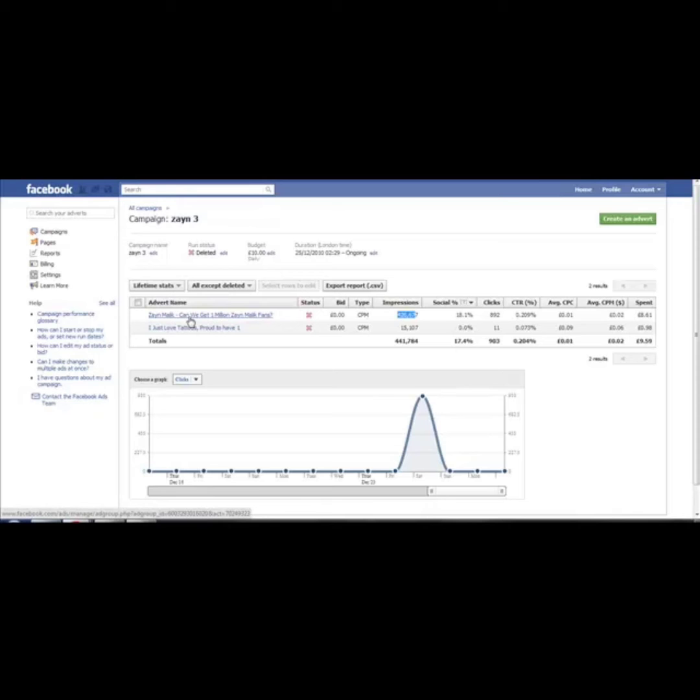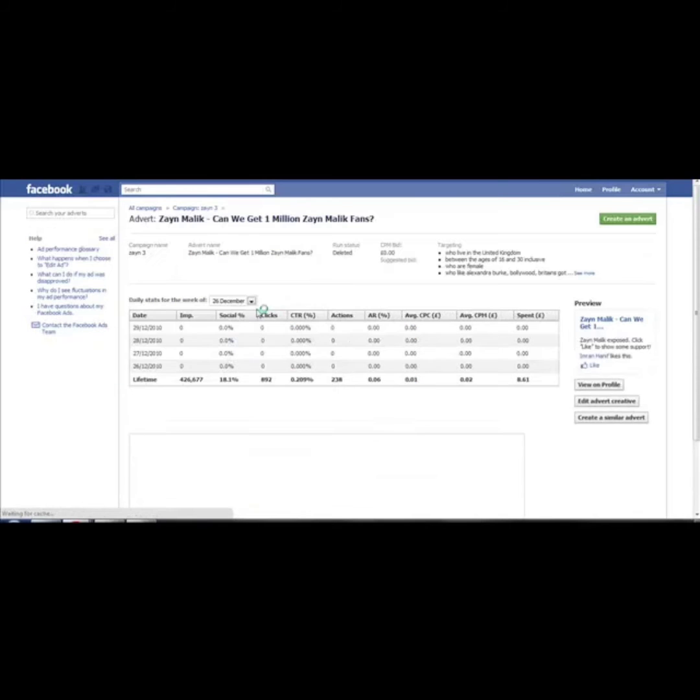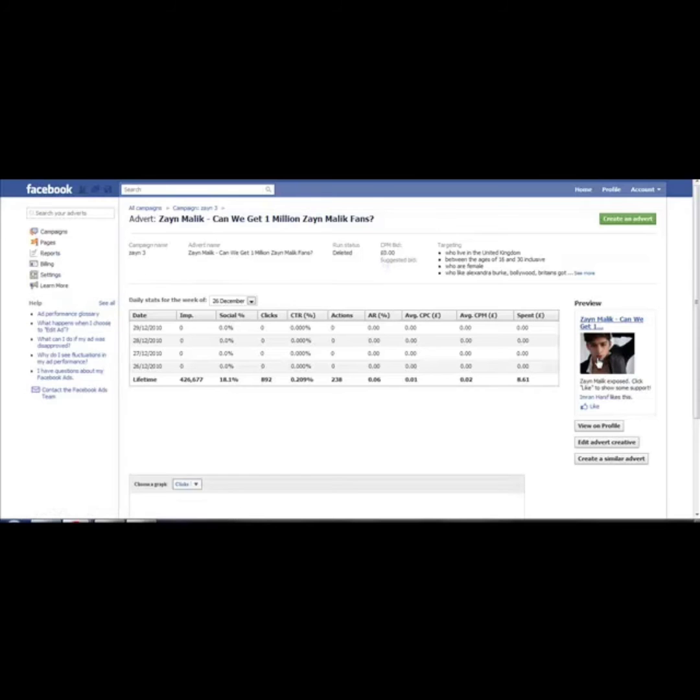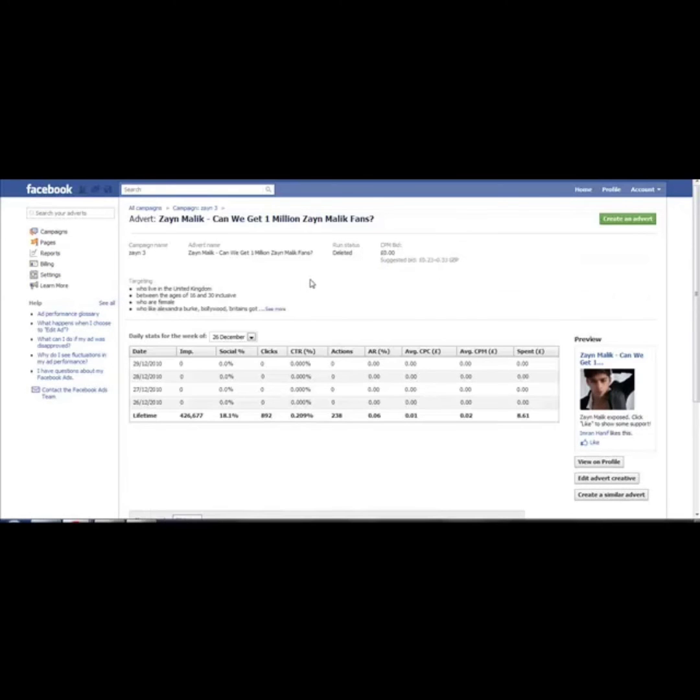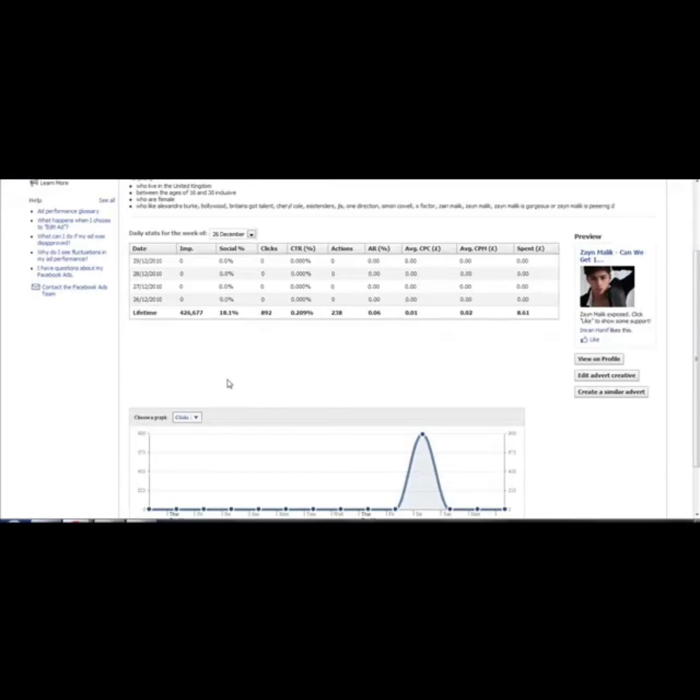Okay, let me click on the ad a bit more, and this time I went with a different image. I went with a different target market. I targeted 16 to 30-year-olds, female, and I targeted people who like the following. So what does this show us?